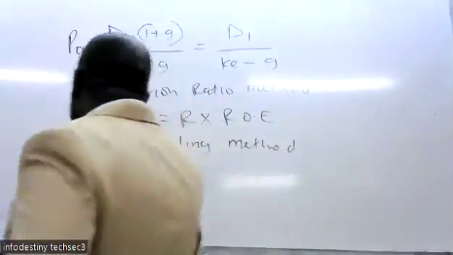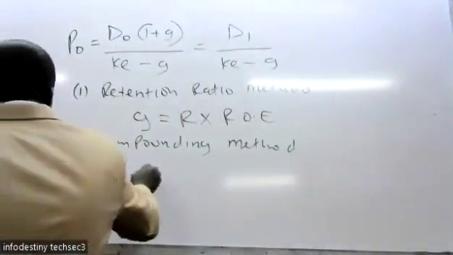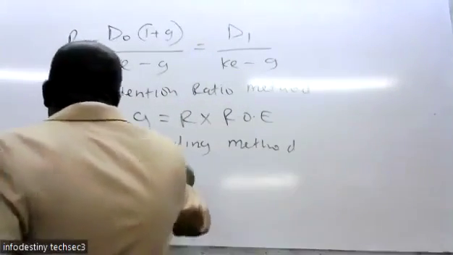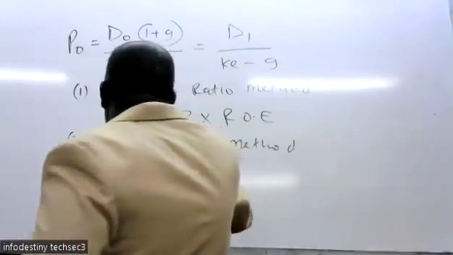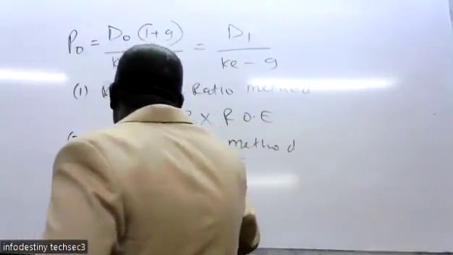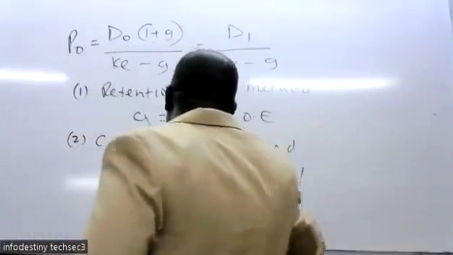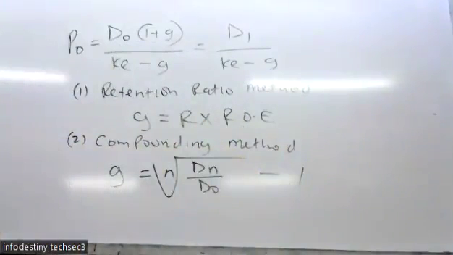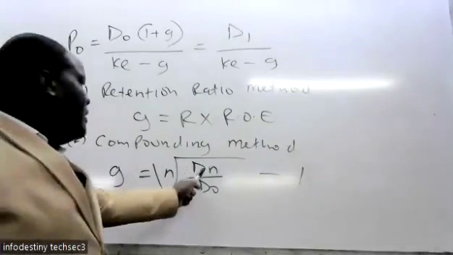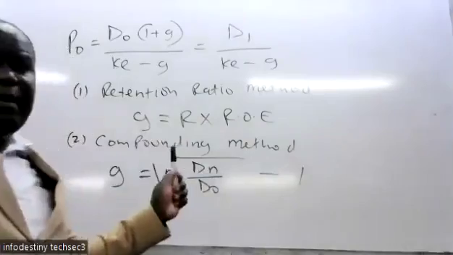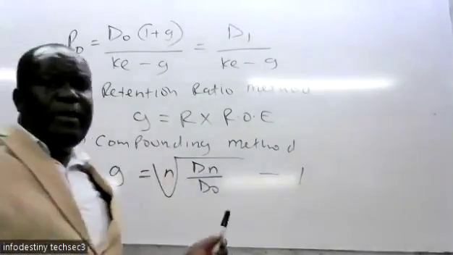So to calculate G, it will be N, then Dn divided by Do, then we subtract 1. So G will be equal to N in brackets Dn divided by Do, then we minus 1.